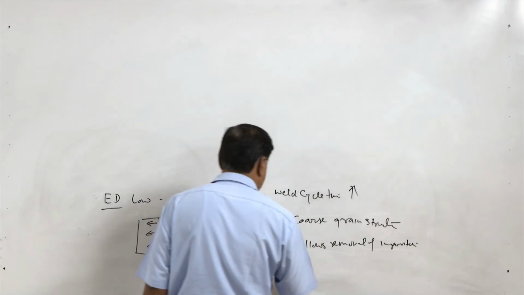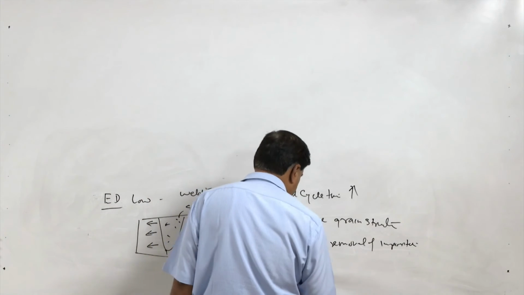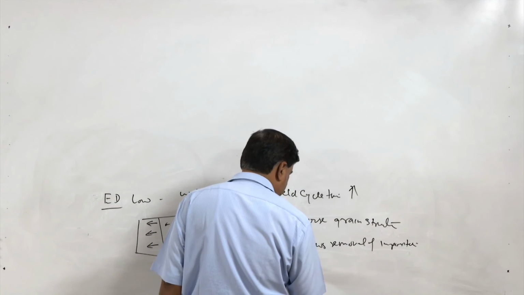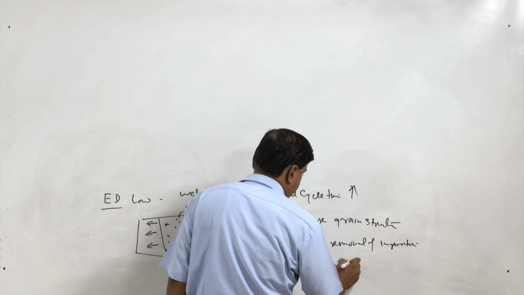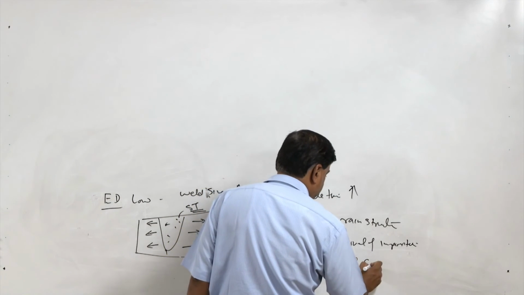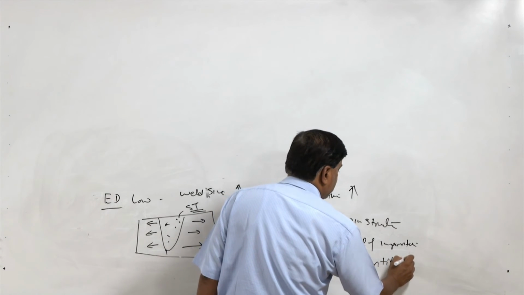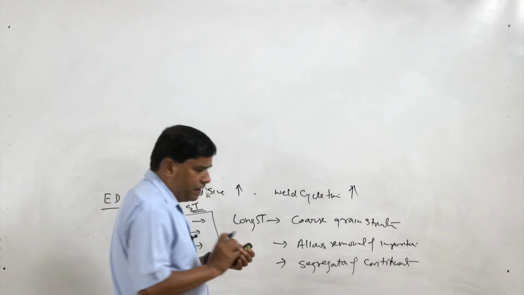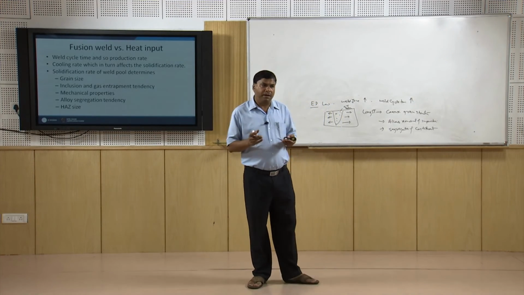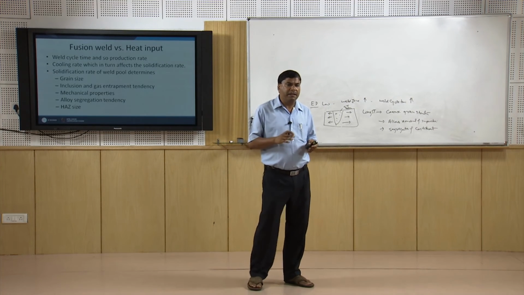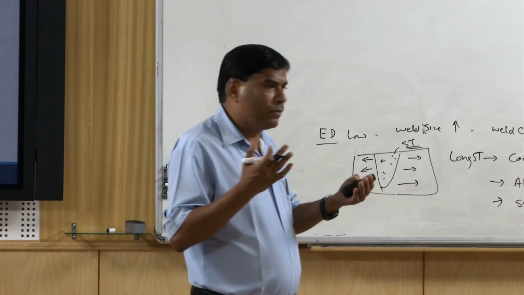At the same time, it will result in the segregation of the constituents. That means if the alloying elements in the molten pool have different densities, they will have a lot of time to segregate, either to settle down or to float over the surface.